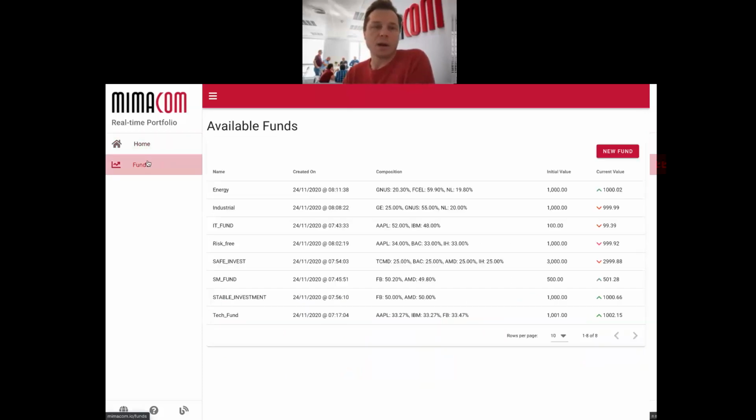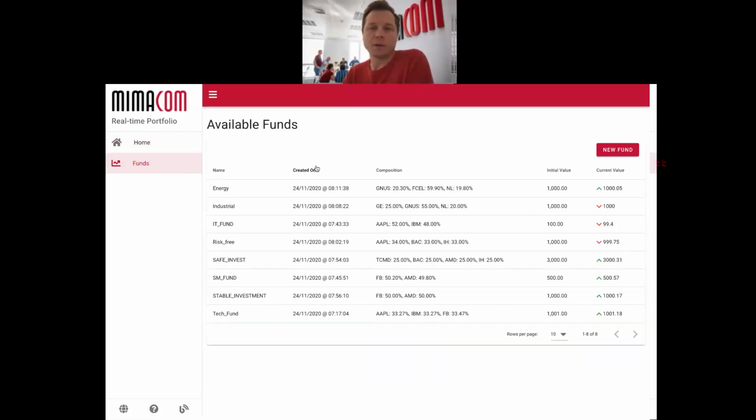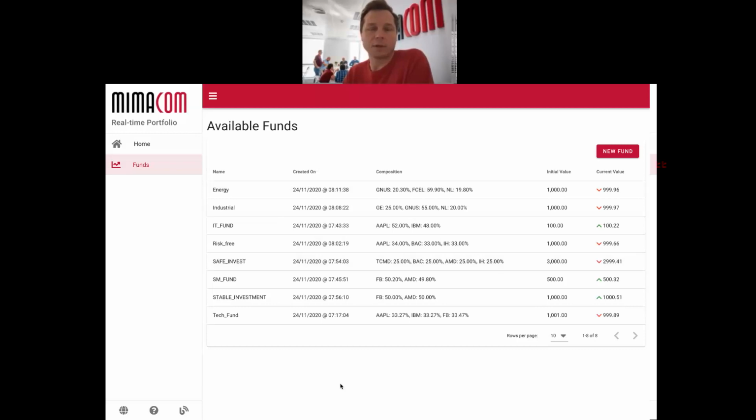Now, your funds look like that. Here you have the composition of all your funds, 8 in that case, and you can see there is a fund named Energy, which has 1,000 francs invested initially into a fuel cell company, for example, almost 60%, and so on.